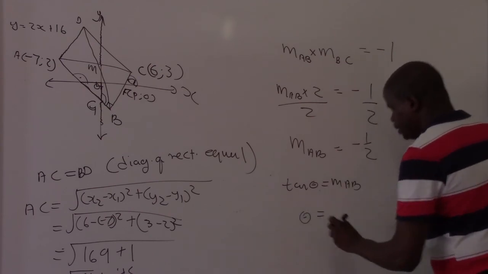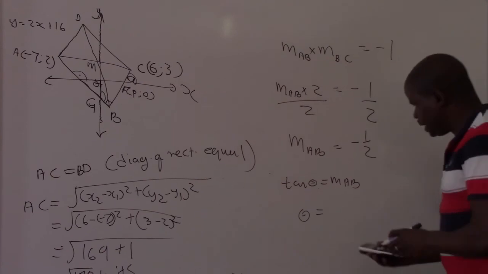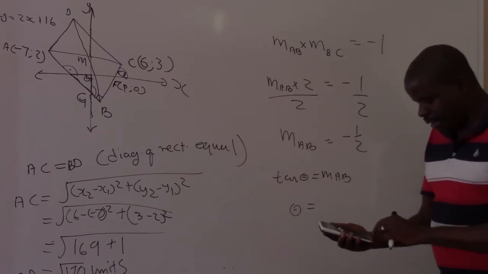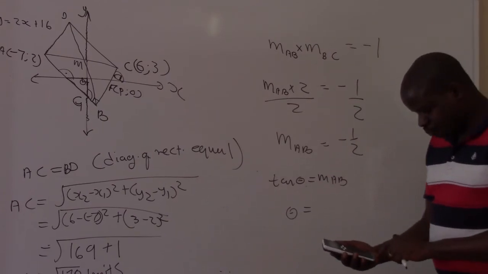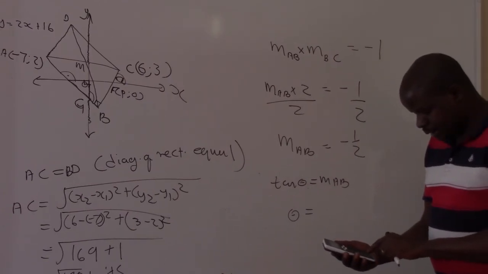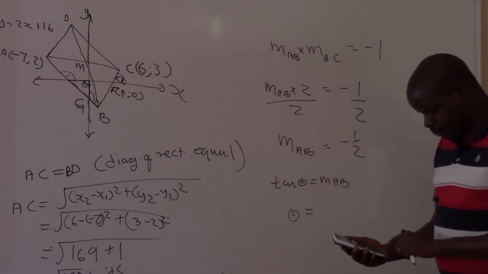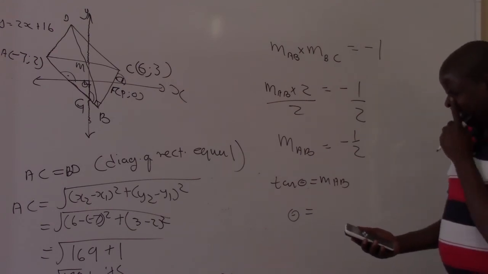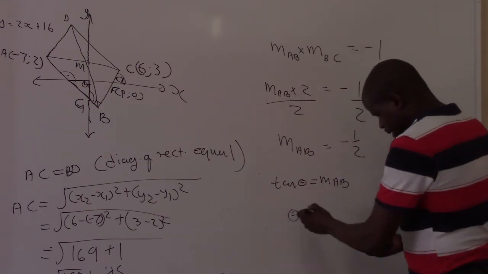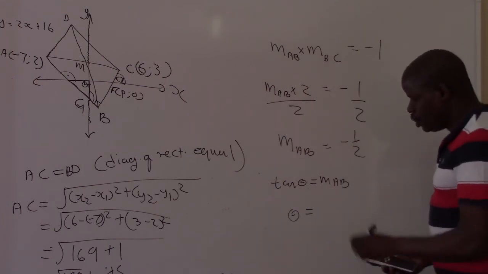Therefore theta is equal to shift tan of -1/2, which gives us -26.57. So what are we going to do?